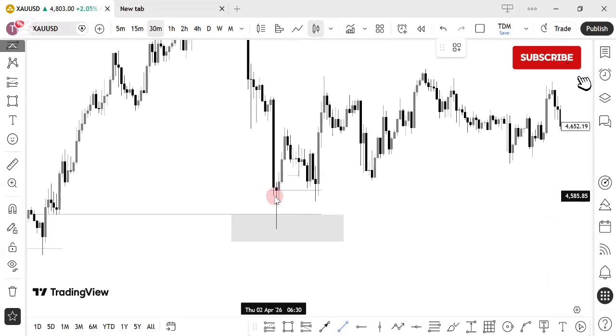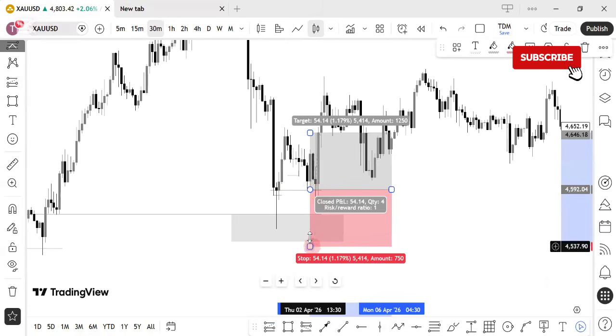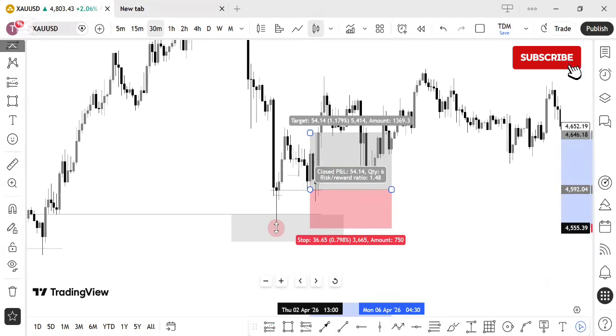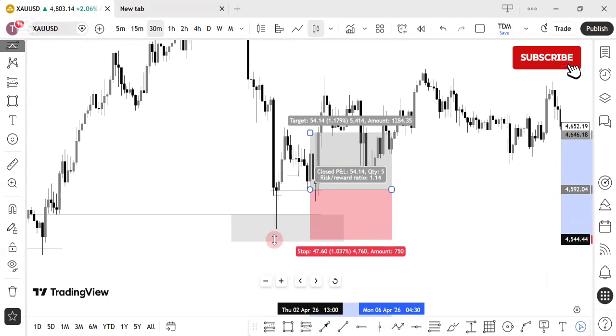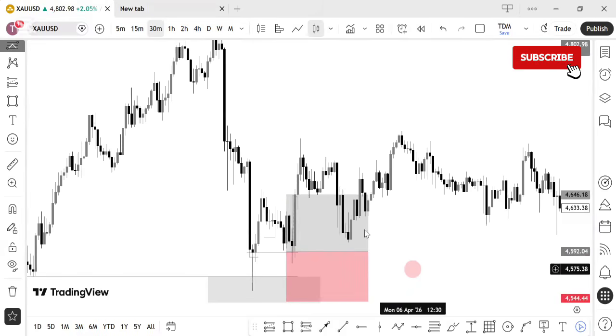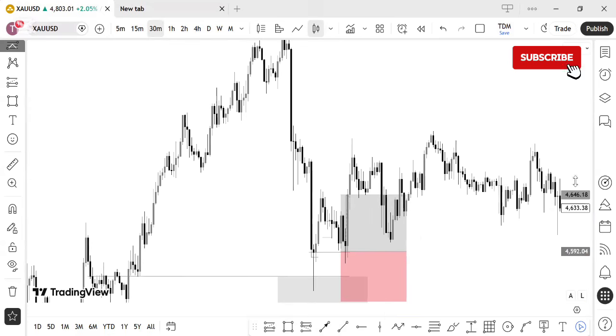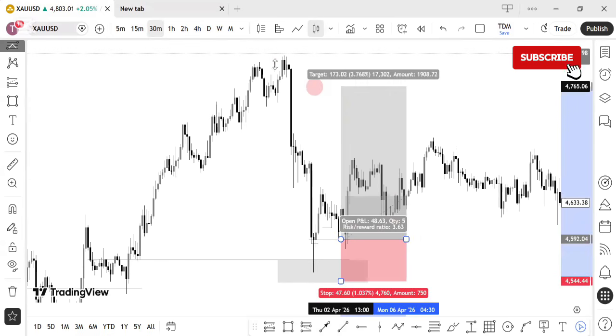Now, this is what happened. I considered this low to be a sweep, right? So having this low as a sweep, what did I do next? I just put my position in from here, and my SL should have been below this wick here. But what happened? I decided to increase it a little to give it some space, and I was targeting this high here.